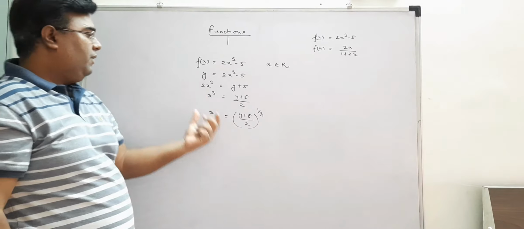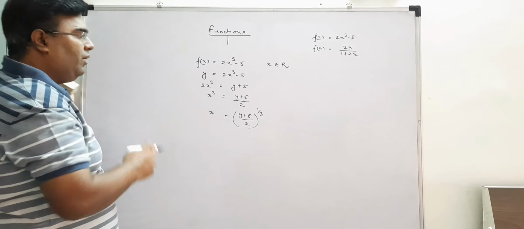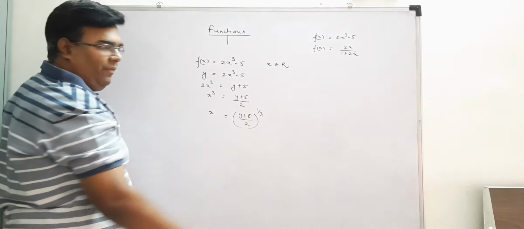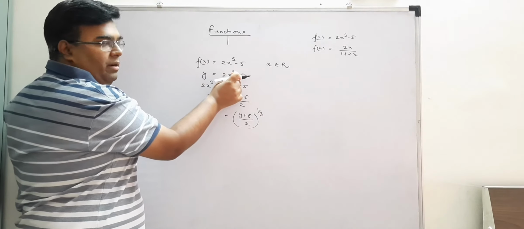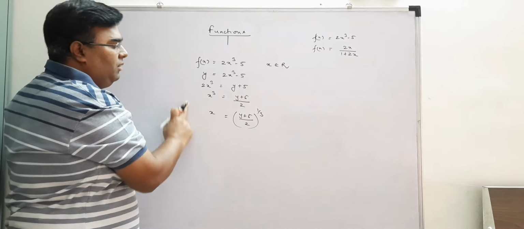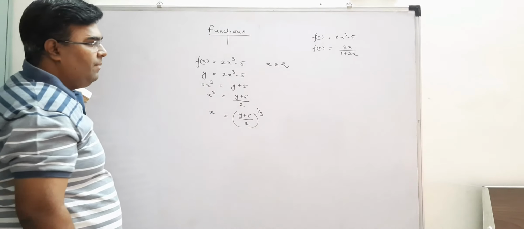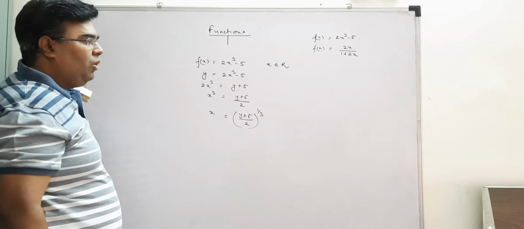So now this function is in terms of y, right? Basically we are separating x and y differently. Here x was the independent term and y was dependent. Now we have made x depend on y, right? The same method is used while you are proving onto or into.